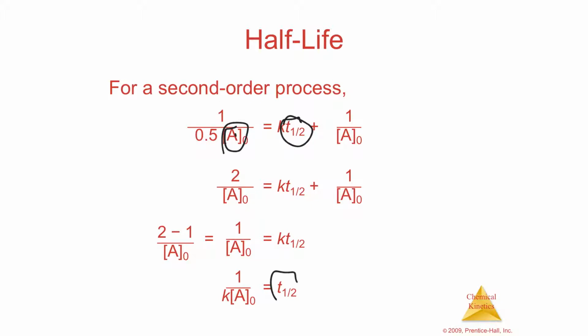Then we solve for t to the 1/2, and we find for a second order process, the half-life equals 1 over the rate constant k times the initial concentration. I promise that as you use it, it makes sense.